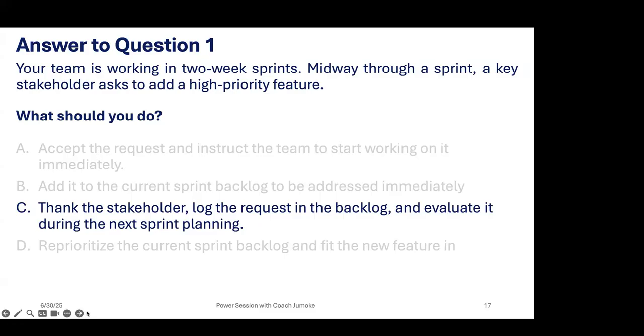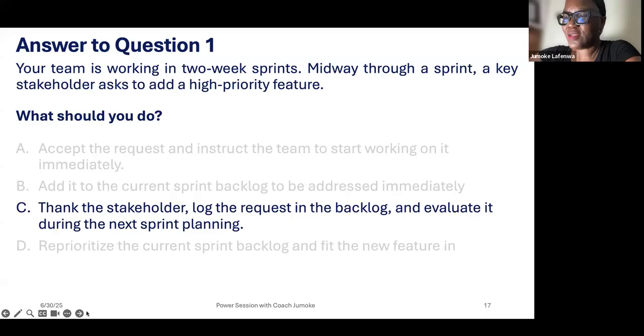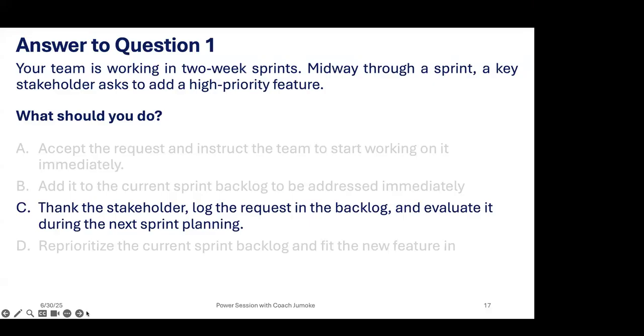I chose C because the sprint is already underway, and a key stakeholder is asking for a new feature to be added. But because there is a key stakeholder doesn't mean that once he requests additional features, you just incorporate them.